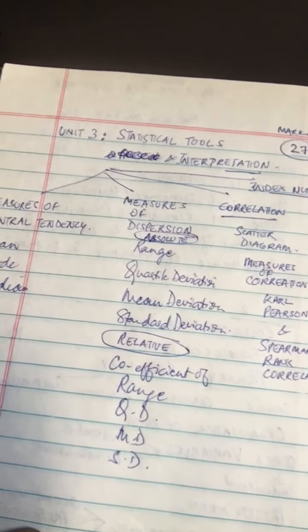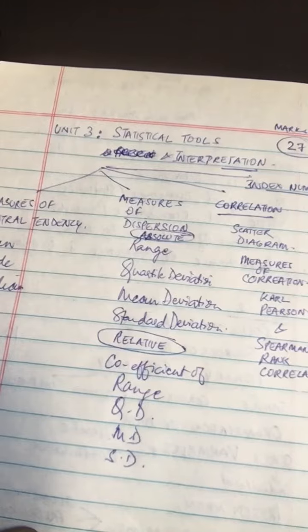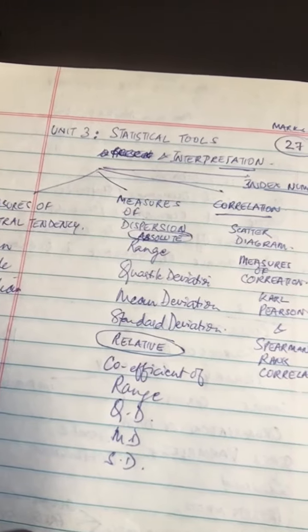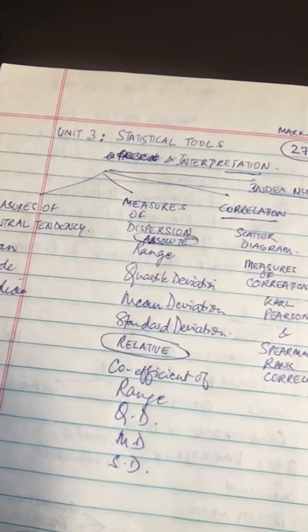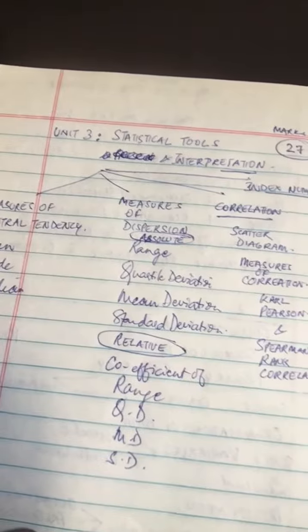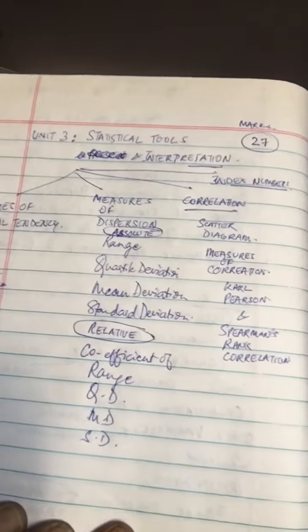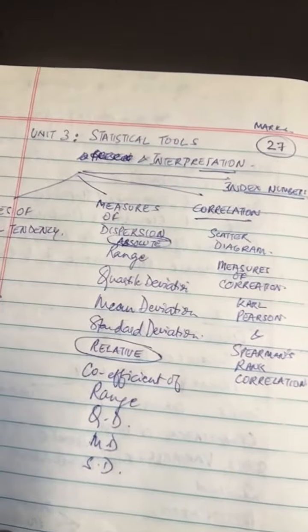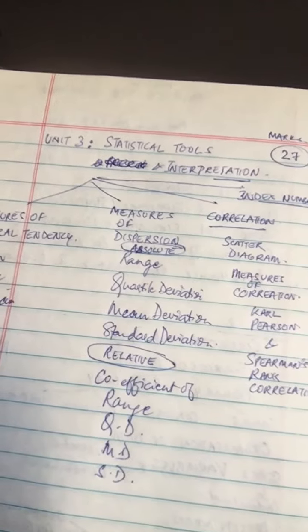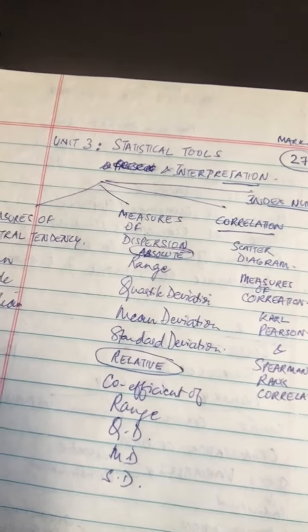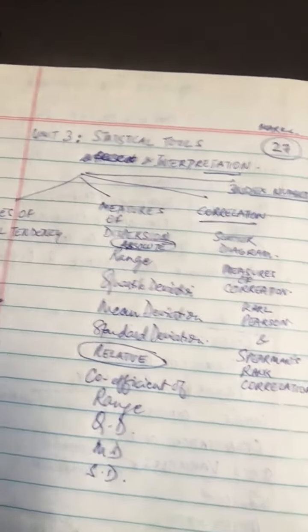Then Karl Pearson's method, for two variables, that is ungrouped data, individual series. We also talk about Spearman's rank correlation, where ranking is done, so you convert the quantitative data into ranks and see how you go about it.